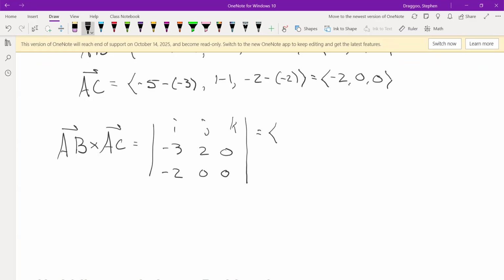So if we do that, I'm going to have 2 times 0 minus 0 times 0. Then 0 times -2 minus 0 times -3. And then finally, -3 times 0 minus -2 times 2, which becomes a +4.